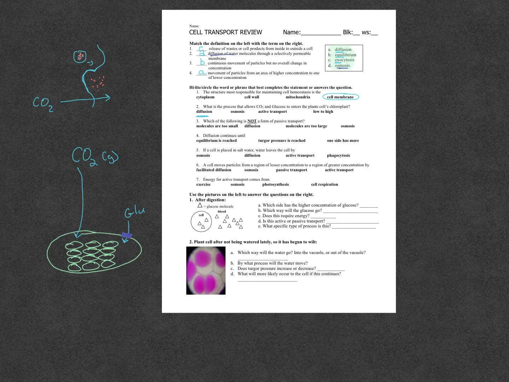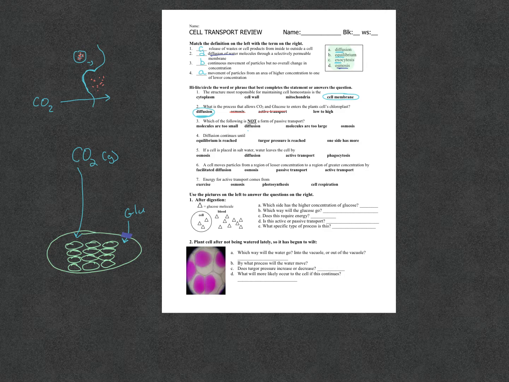All right. The best answer is diffusion here. Oh, by the way, let's go through and say it's not osmosis because that's the diffusion of water. Neither one of these two molecules is water. It's not active transport because CO2 does not require any kind of transporter.